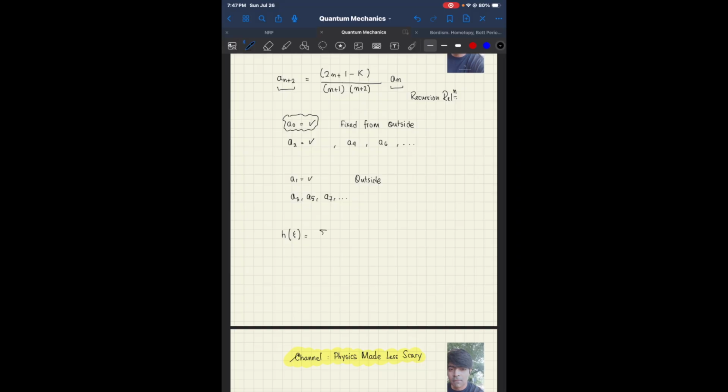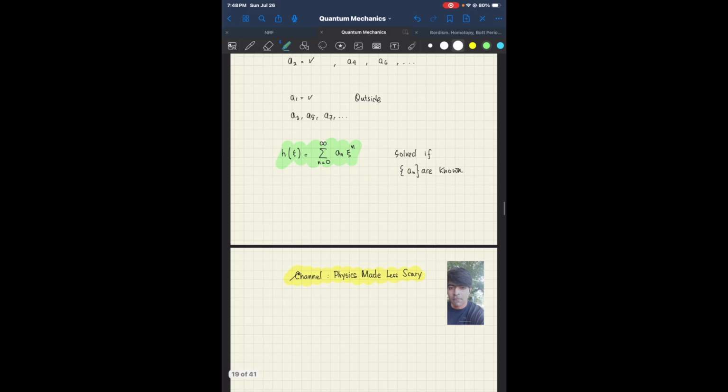Because this function was written in this manner. So this is called the Frobenius method, and this expansion is the solution of the Frobenius series method of solving differential equations.